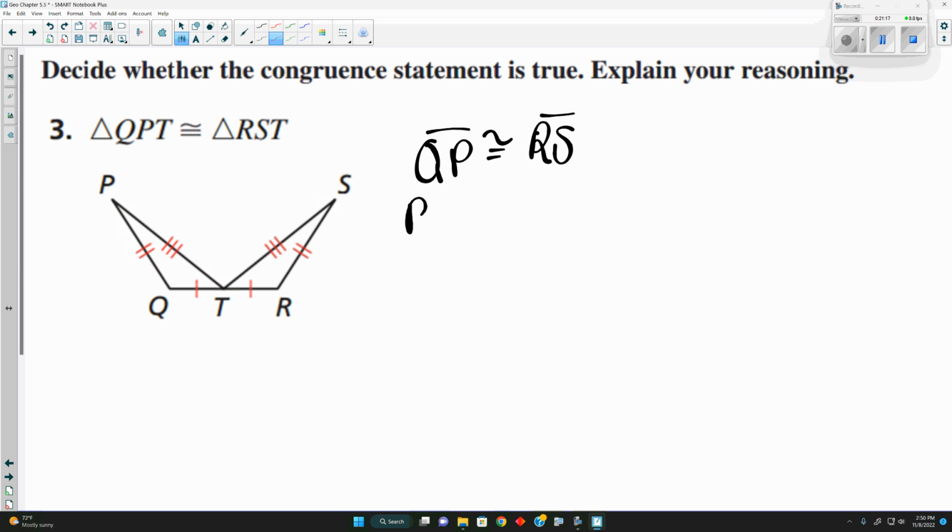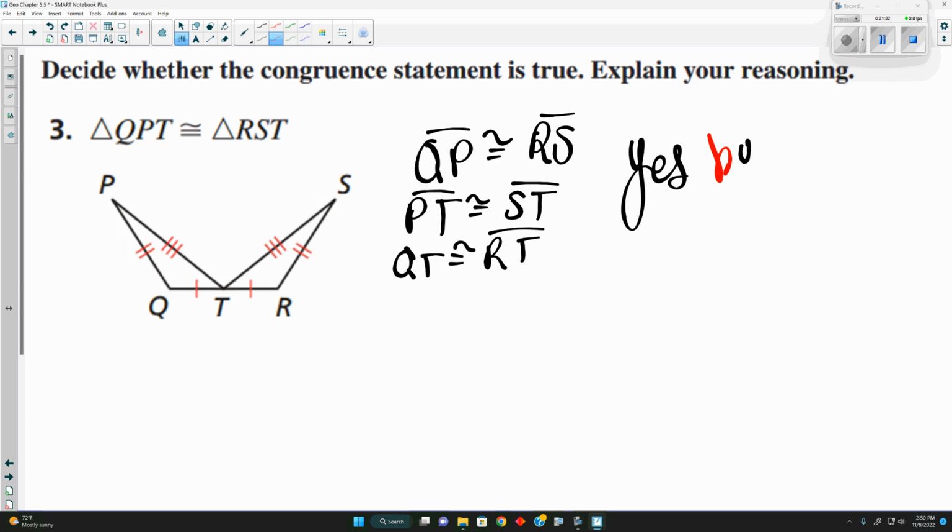Then PT is congruent to ST. And lastly, QT is congruent to TR or RT. So yes, by side, side, side.